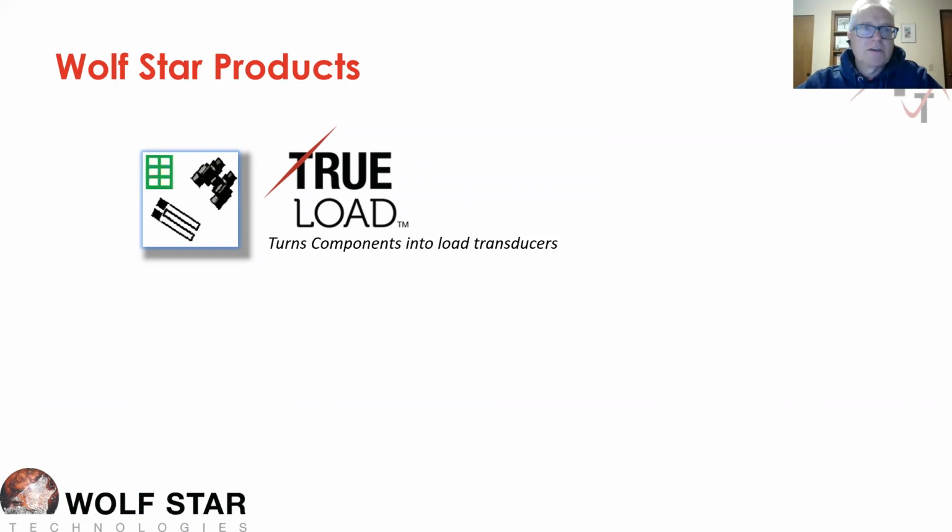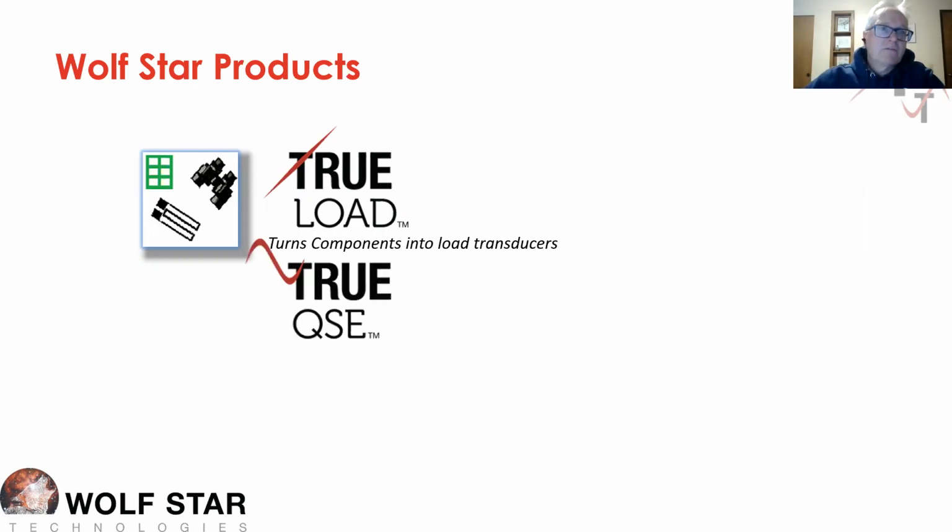And then once the users find the optimal strain gauge placement, we extract a correlation matrix that relates load to strain response. Then our users will place strain gauges on the physical parts, measure strains in their operating conditions, and then we back calculate the operating loads from those measured strains. We're basically making load transducers, is really what we're doing. We're turning your parts into a multi-degree freedom load transducer.